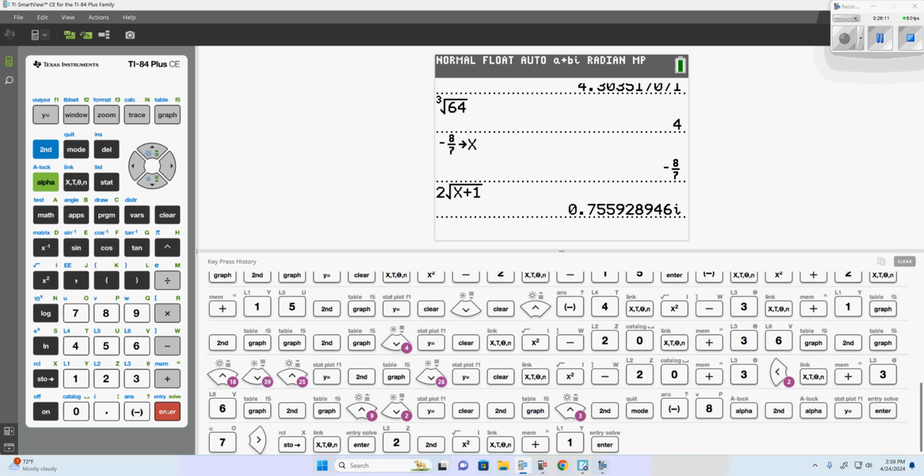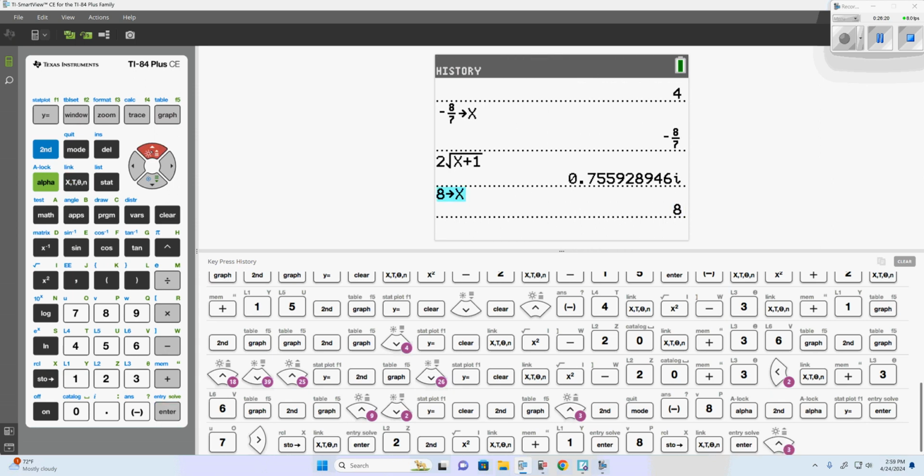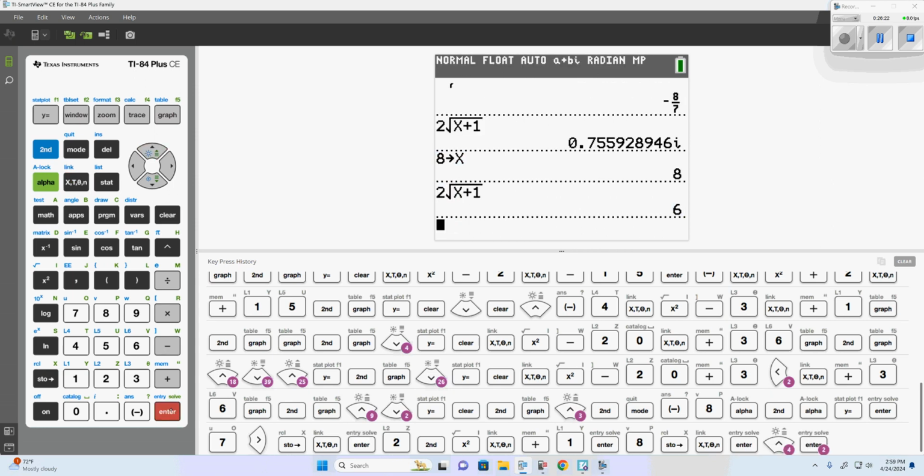I don't even have to check the other side. It's complex. Doesn't even work. And the other one was 8. Store x. Okay.